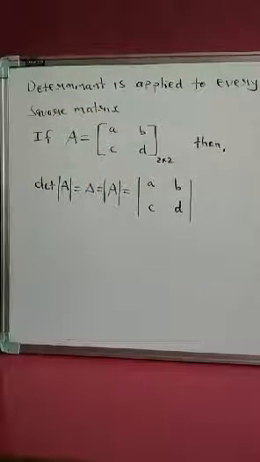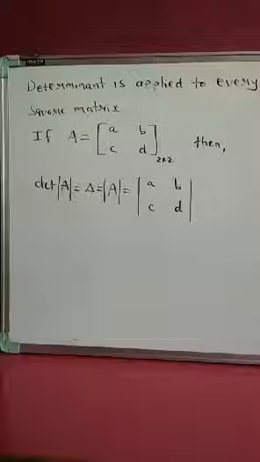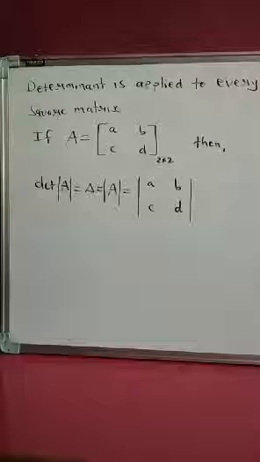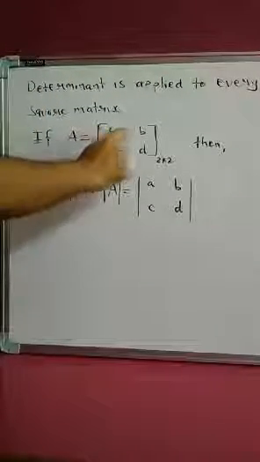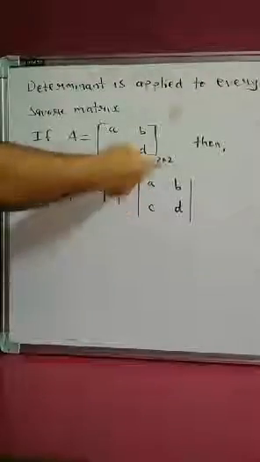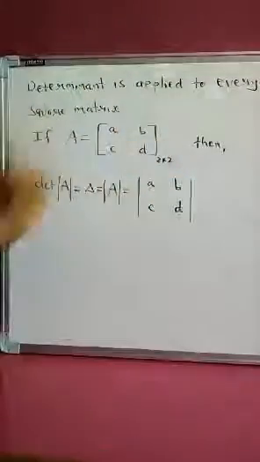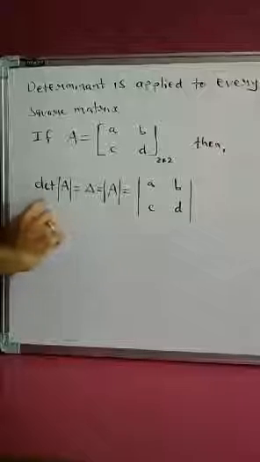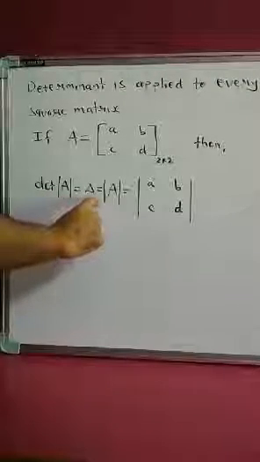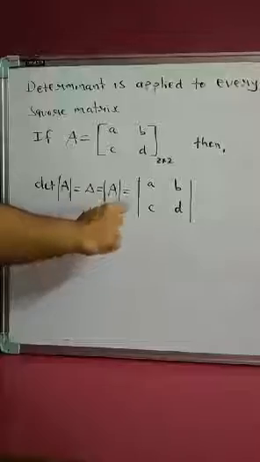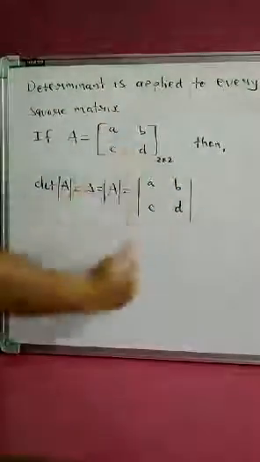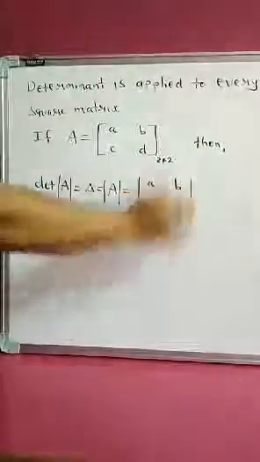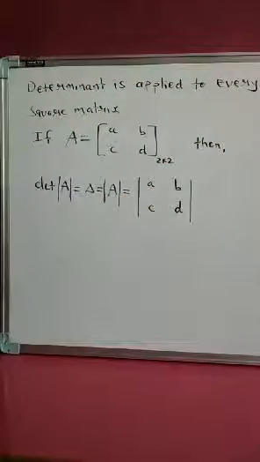It is a very compulsory statement, that it is applied to every square matrix. Suppose you have a matrix A is a, b, c, d, which is a 2 by 2, a square matrix. So we can write determinant A as det A, delta or any letter, then this mod sign is equal to, we have to write these two straight lines. These are called bars, a, b, c, d. So this is a determinant.